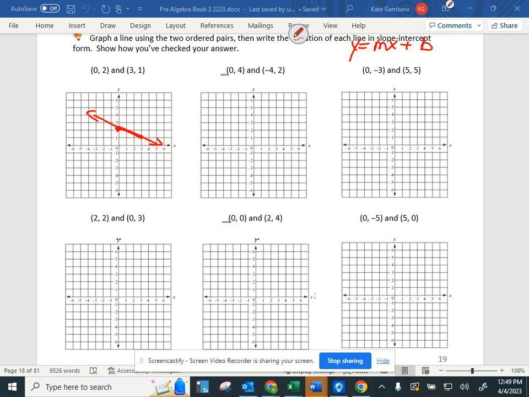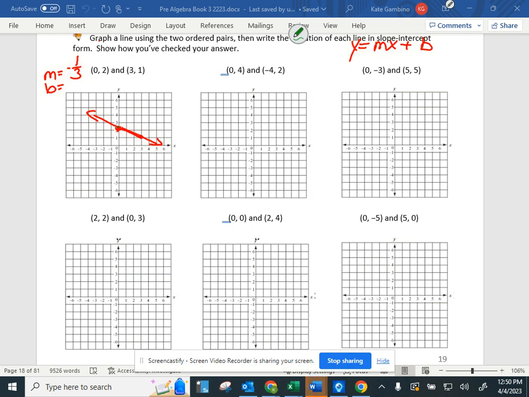Now in order to do y equals mx plus b, I need to find my slope and I need to find my y-intercept. So who can tell me what the slope of this line is? James. How did you find that? I went down 1 and over 3.